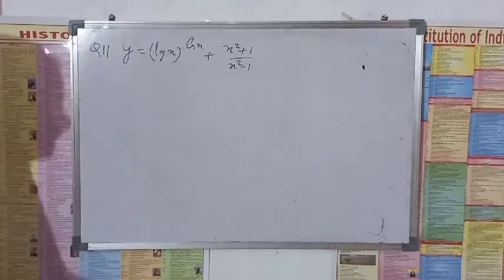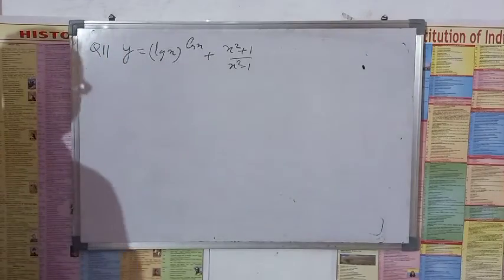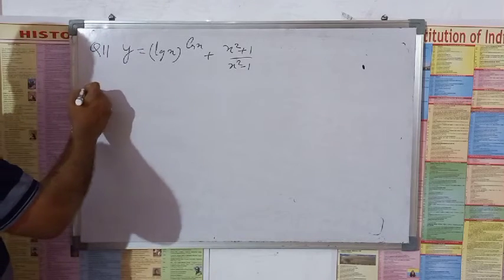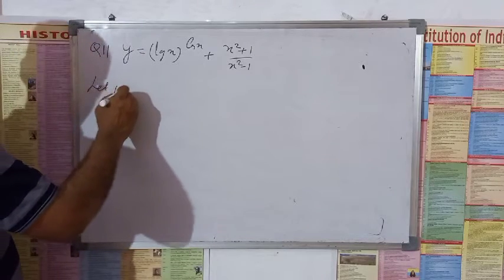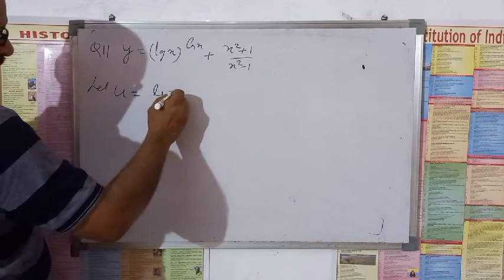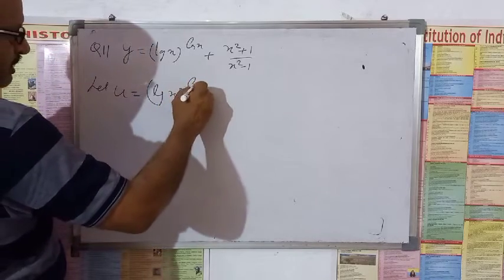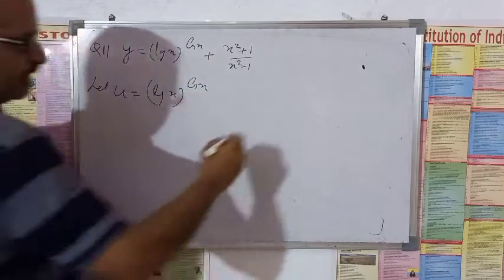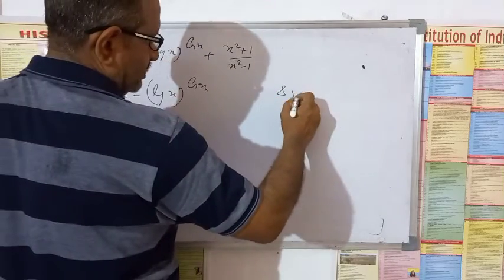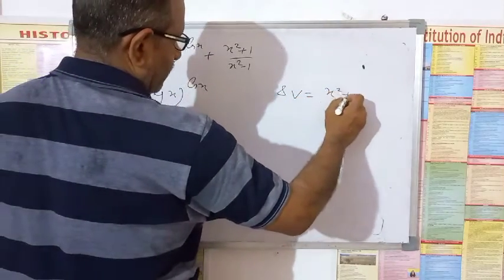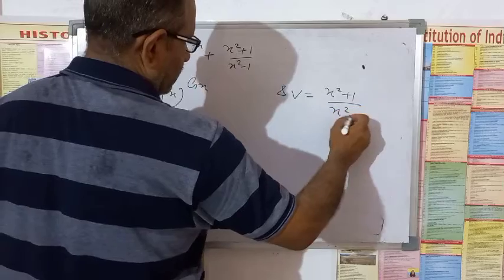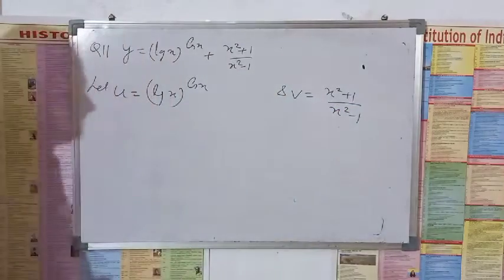We have to find dy by dx. Again same thing, let u is equal to (log x)^(cos x) and v is equal to (x square plus 1) upon (x square minus 1).